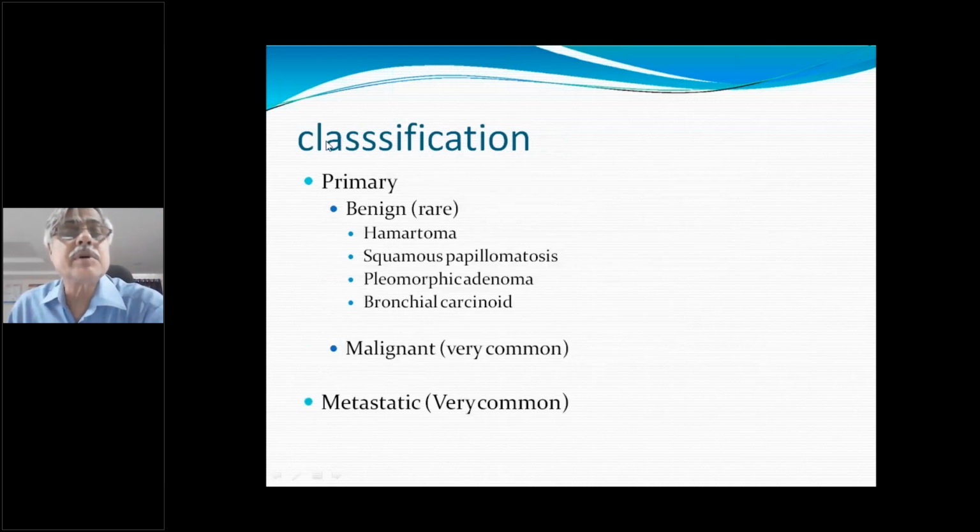The classification, of course, you must know: primary, and another that is malignant. Primary benign tumors are very rare: hamartoma, squamous cell papillomatosis, pleomorphic adenoma, bronchial carcinoid. They are all benign. Of course, another variety is very common, what we are actually discussing, bronchogenic carcinoma, other lung cancer.